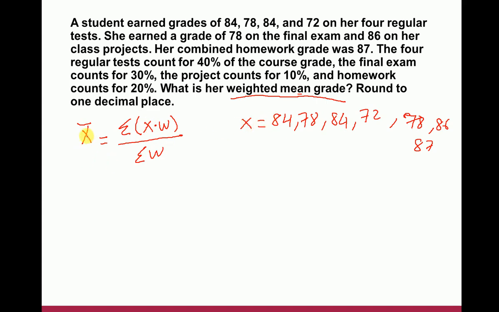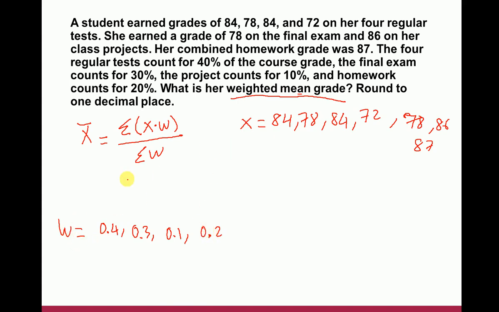Because x bar is the weighted rate, but x is the rate data. Now w is the weight. So we know that we have the weight of 40%, 30%, 10%, and 20%. So the weight here is 40% or 0.4, 30% for the final is 0.3, 10% for the projects is 0.1, and 20% for the homework is 0.2.